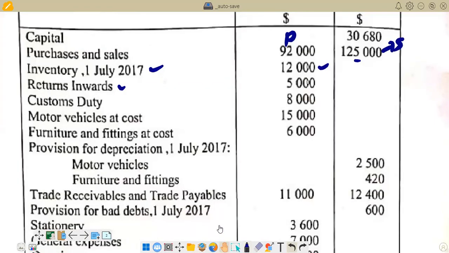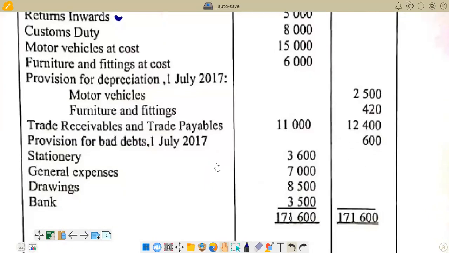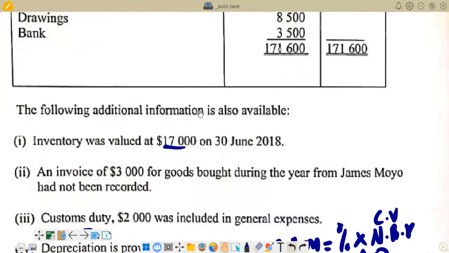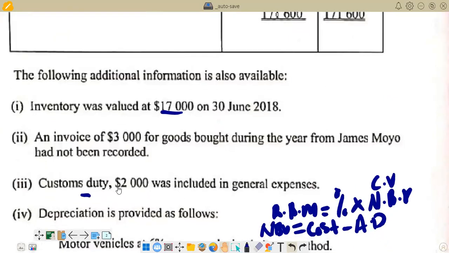We go down. We got something to do with customs duties on item 3, we come here. Customs duty of 2,000 was included in general expenses. Remember, we said this adjustment, we are going to remove it from the general expense figure, and then we add it to customs duties. So it's a plus 2,000 for the figure that we have for customs duties.